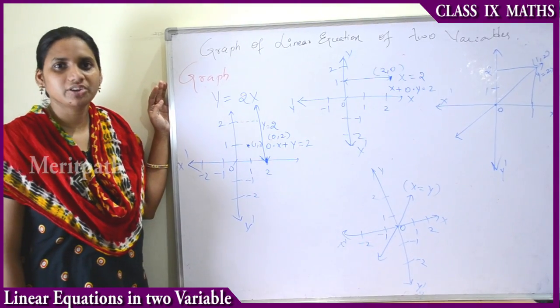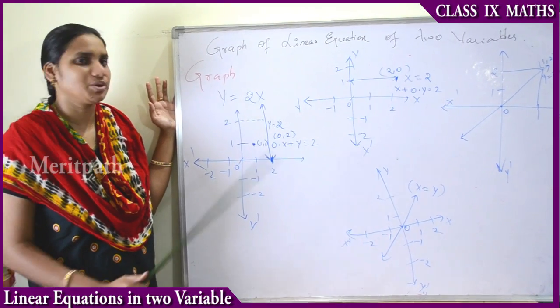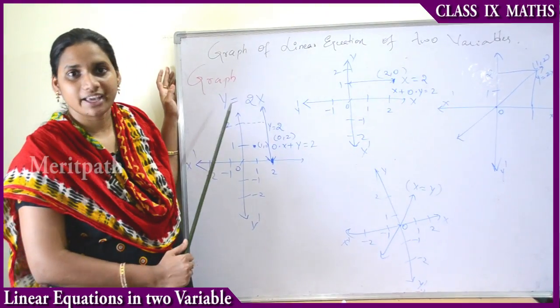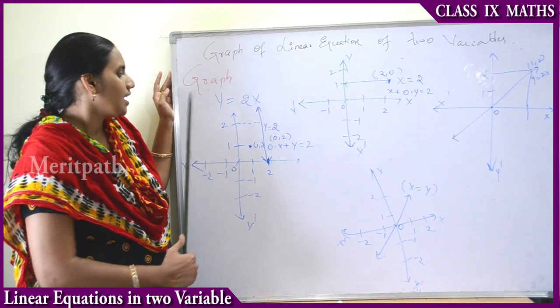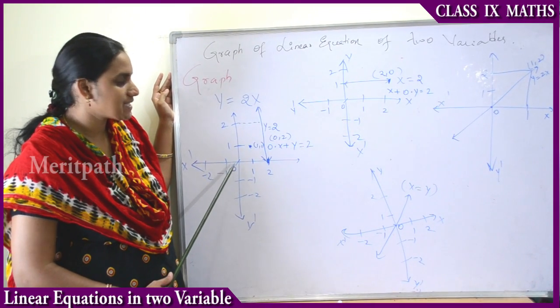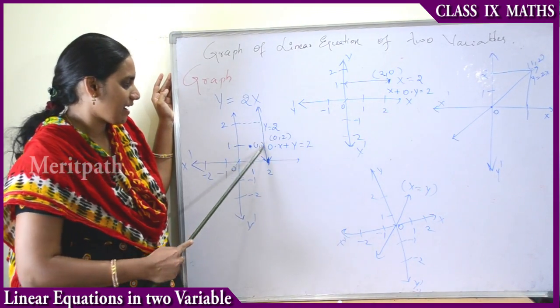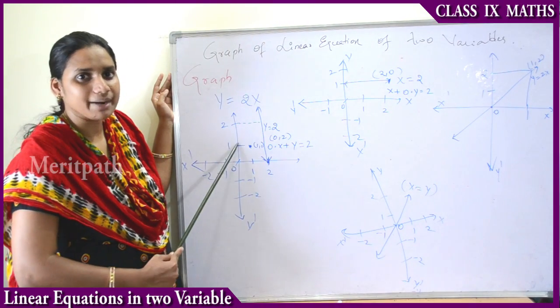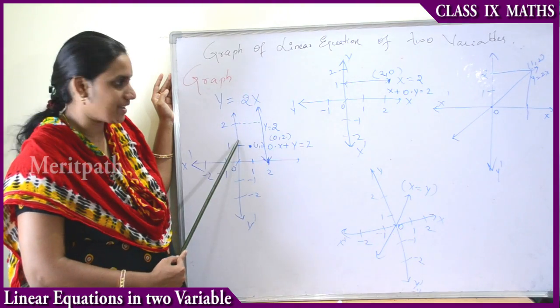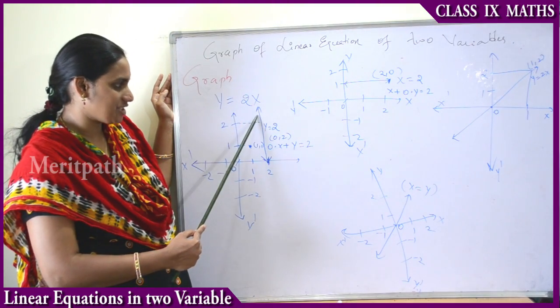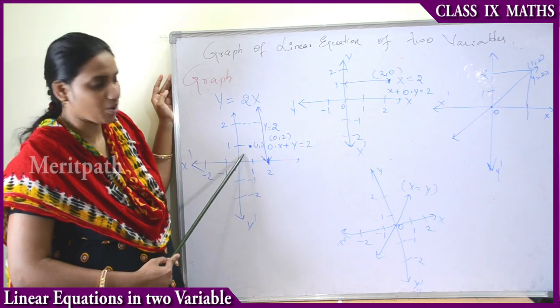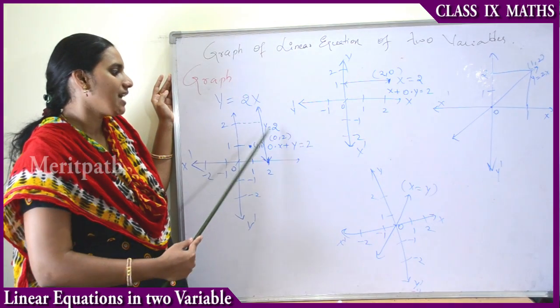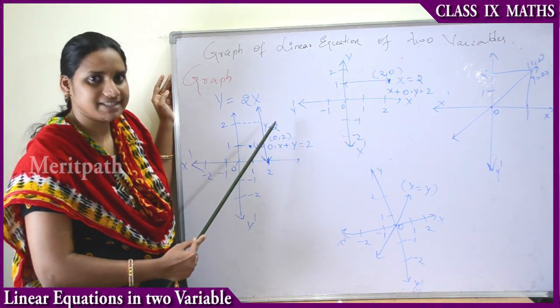Now let us see how to represent some more graphs for some more equations. Let us take y equals 2, that is, we will be representing this equation as the y axis and the y coordinate axis are both parallel to each other. The resultant equation is parallel to the y coordinate axis, that is, the x coordinate is 0.